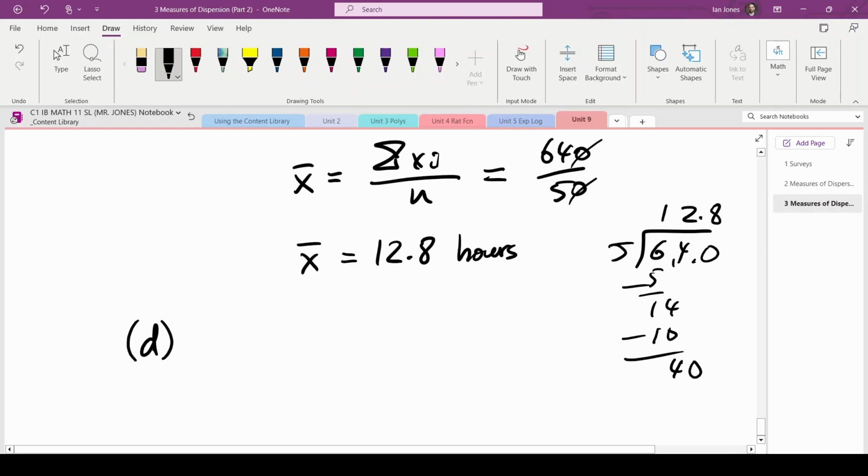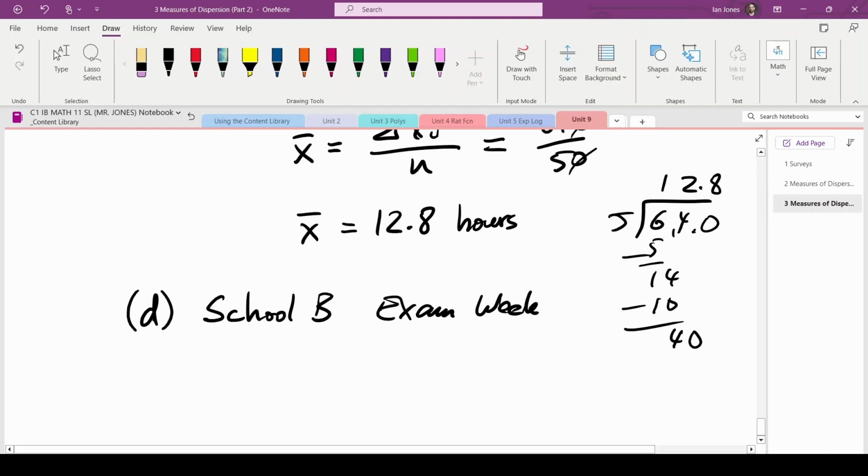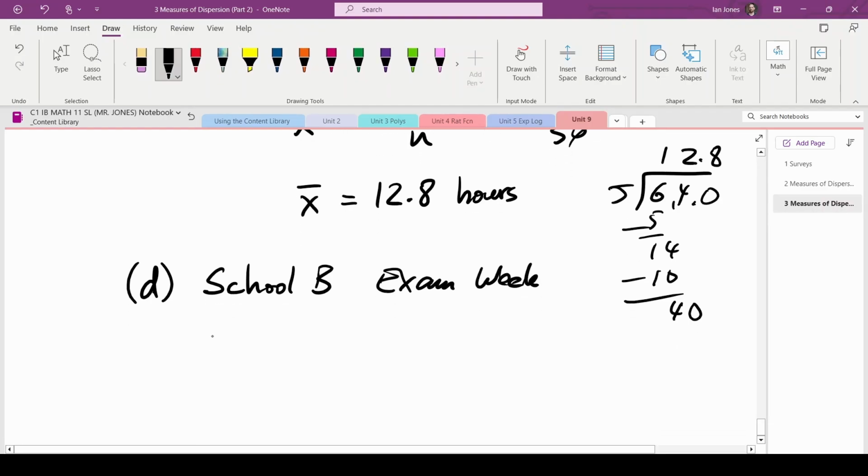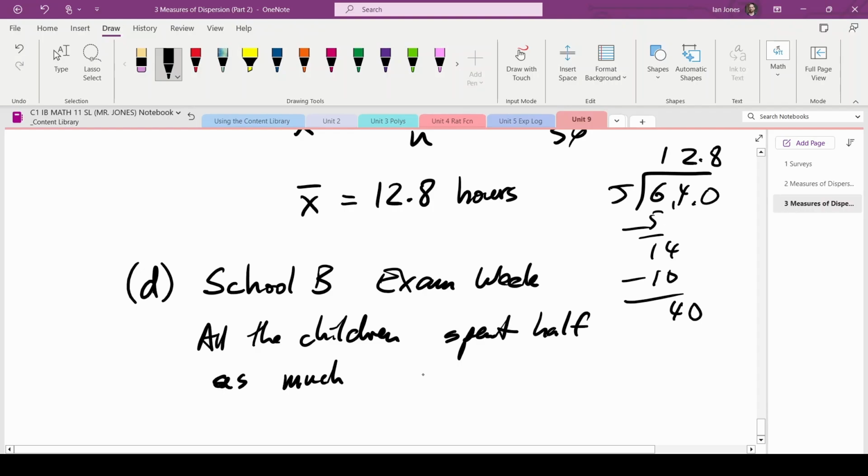The next week, there was an exam week in School B. Okay, School B has an exam week. What happened? Well, the children were studying more and playing video games less. And so what happens is all the children spent half as much time playing video games.